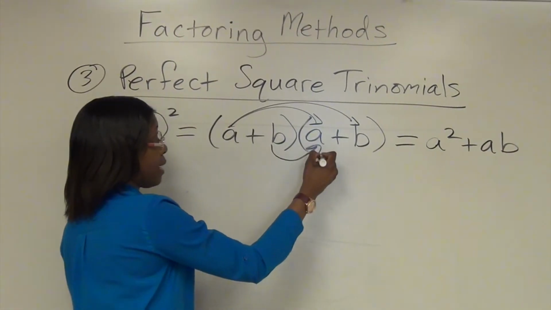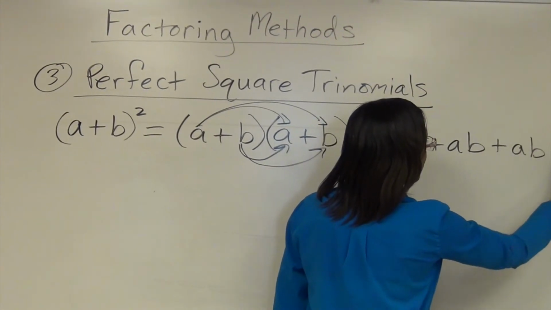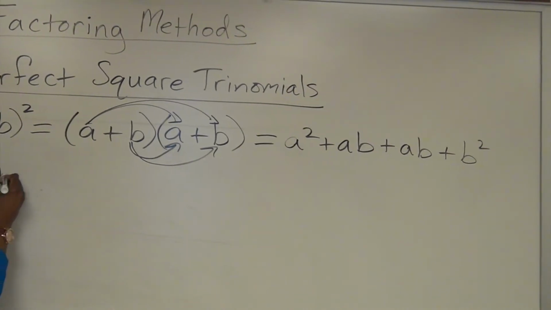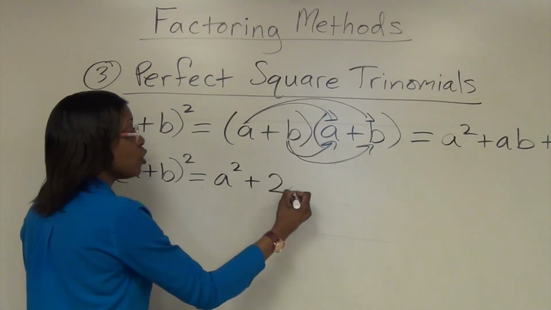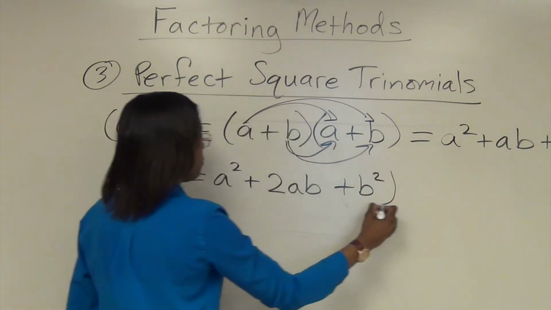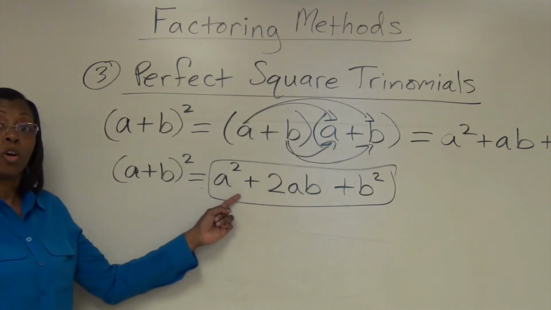And then b times a and b times b. So that's plus a times b again, plus b squared. So our actual formula equals a plus b, quantity squared, equals a squared plus 2ab, that's the like terms, plus b squared. This is the perfect square trinomial.